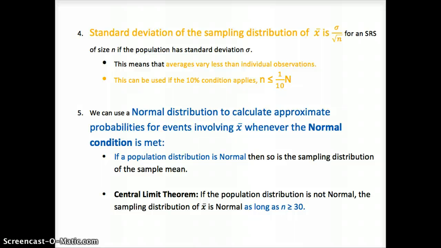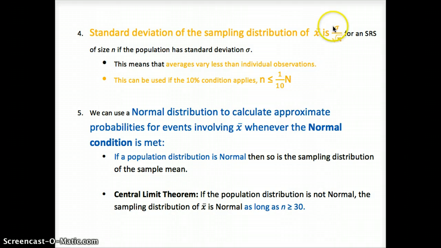So the standard deviation of the sampling distribution is the standard deviation over the square root of n. This indicates that averages vary less than individual observations. So meaning the larger the sample size, the smaller our standard deviation becomes.